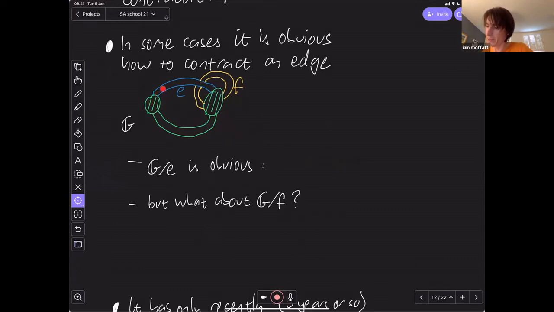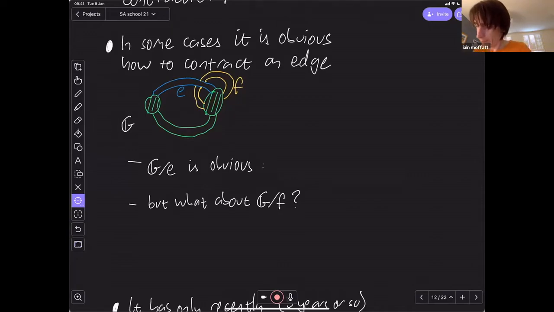And sometimes I'd be able to do that, like this edge here, but sometimes I can't do it. Something would go wrong. So for this edge E, if I made the edge and its 2 vertices just 1 vertex, that'd be fine. But if I tried to make this vertex and F into a new vertex of the ribbon graph, I'd get a vertex that isn't a disk, so I'd get something that's not a ribbon graph.